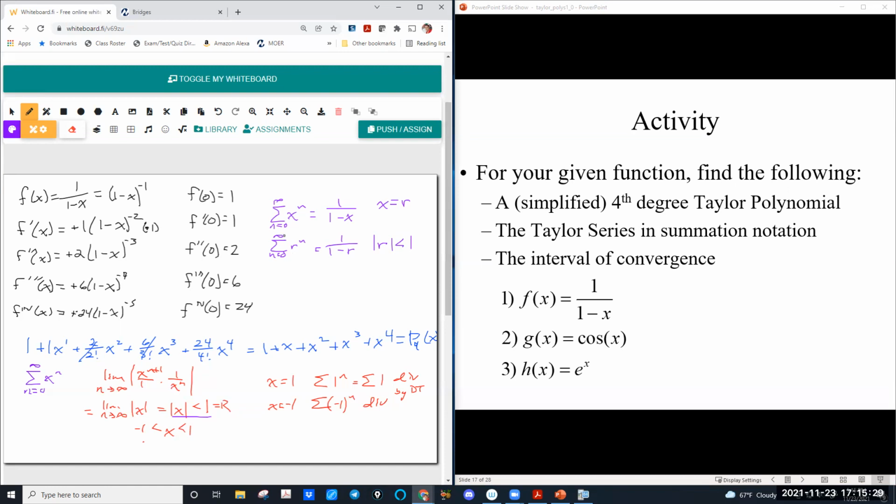So part of the reason I chose this one is I love making that connection, because it's something we've seen before. We're just now doing it in reverse. The other reason that I like this one is we're going to modify it and see how we can use a known Taylor series to find more complicated Taylor series. But before we go into that, any questions about this first one?